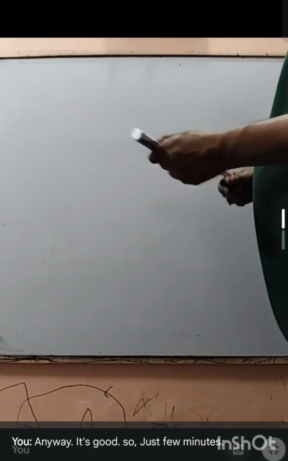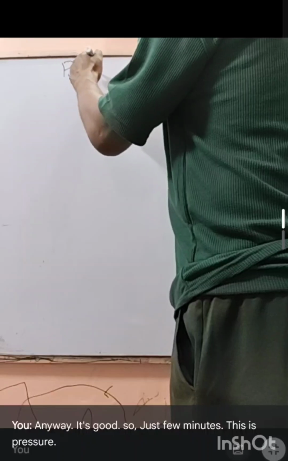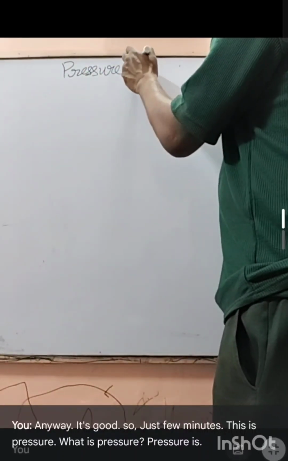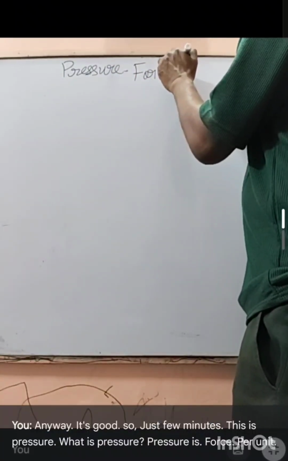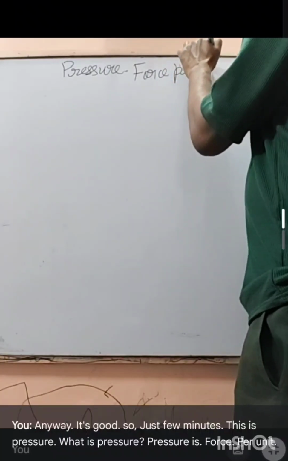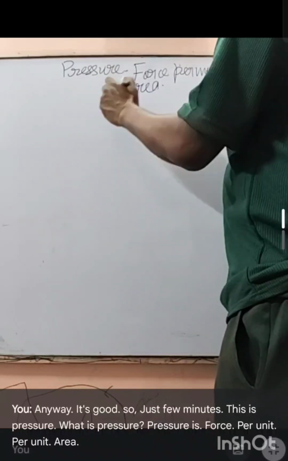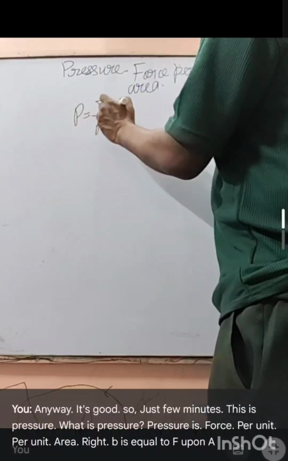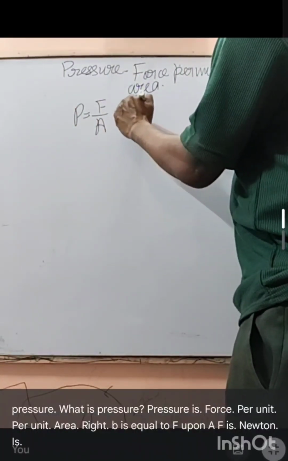So I'll take just a few minutes. This is pressure. What is pressure? Pressure is force per unit area. P is equal to F upon A. F is in Newton, A is in meter square.